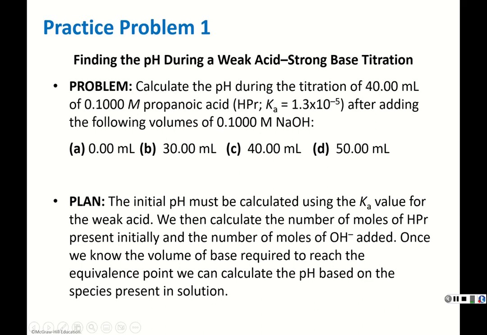We have at the very beginning, what would our pH be? So again, it helps to write down our reaction. Propanoic acid plus H2O goes to PR minus plus H3O plus.